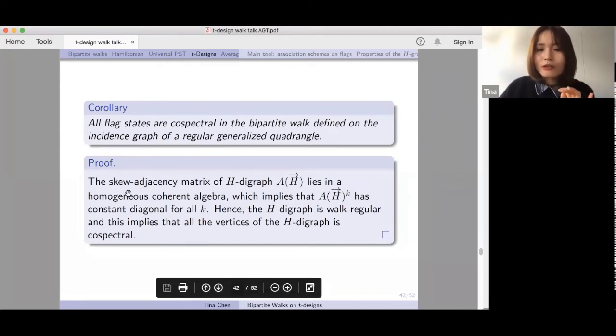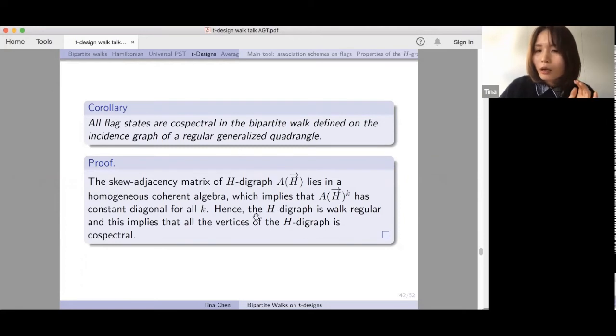Why is that? Because the skew adjacency matrix of the H-digraph lies in a homogeneous coherent algebra, which means when we take powers of the skew adjacency matrix, it will always have constant diagonal.